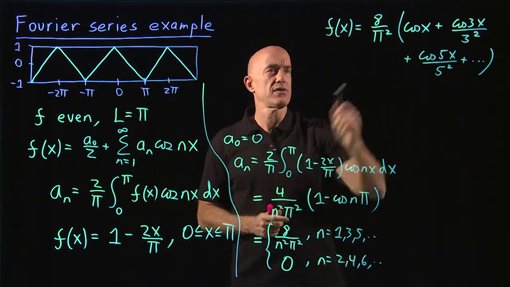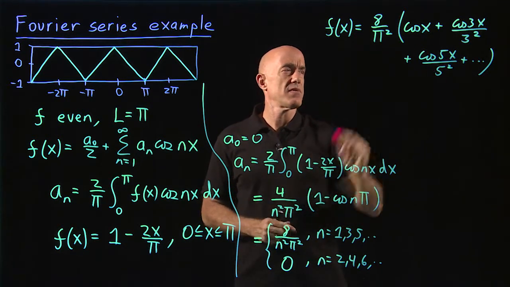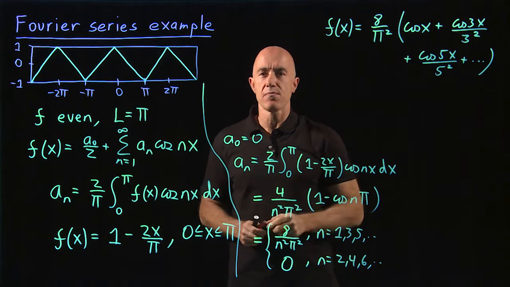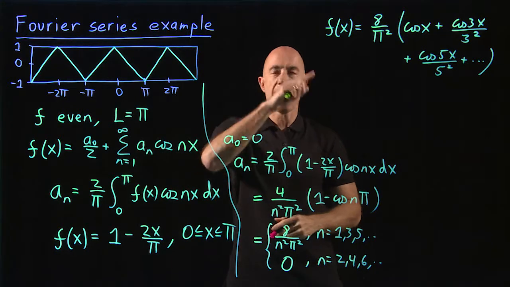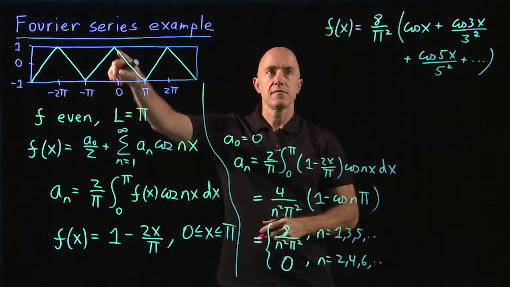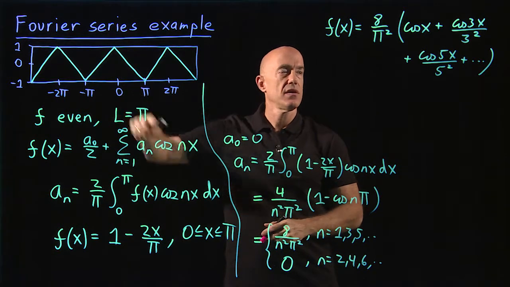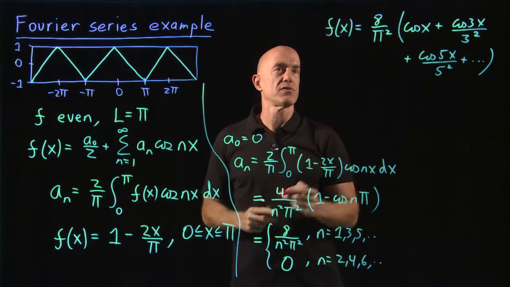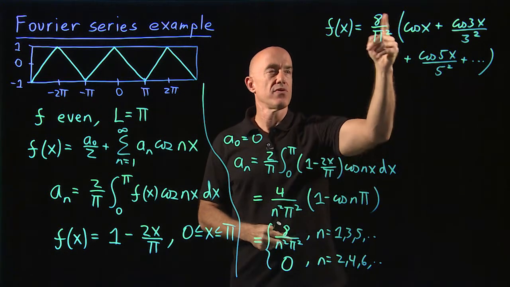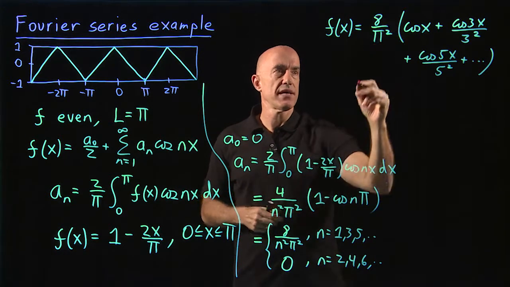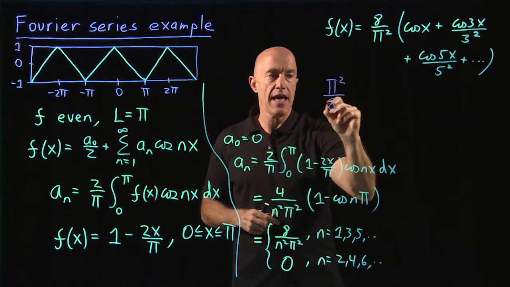There's another interesting mathematical formula you get from this expression that was quite remarkable when it was first derived. If you look at x equals 0, you see that f is 1 at x equals 0. So if we substitute x equals 0 into this expression, we get 1 on the left-hand side. So we can multiply both sides by pi squared over 8. So we get pi squared over 8.